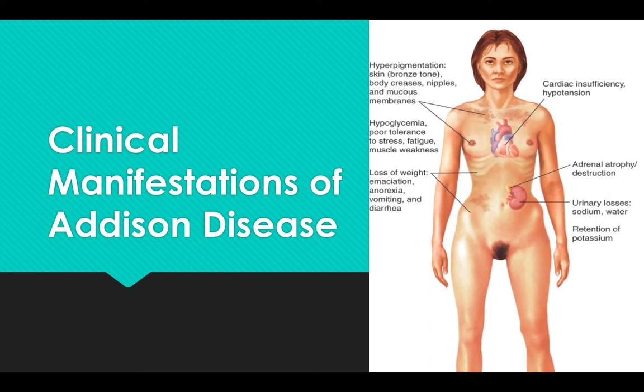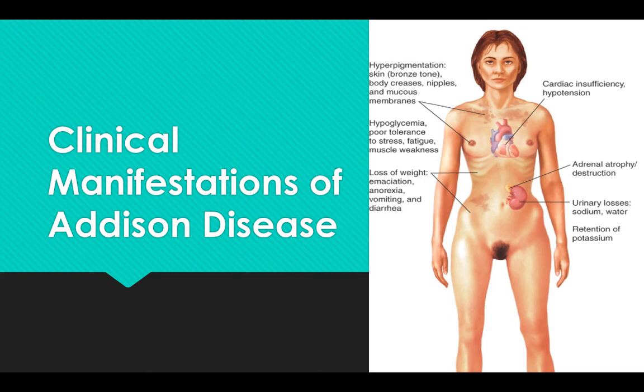In the neurosystem, we would see confusion and fatigue. We also know that signs and symptoms of adrenal crisis would be profound hypoglycemia and shock that eventually and rapidly leads to coma and death.